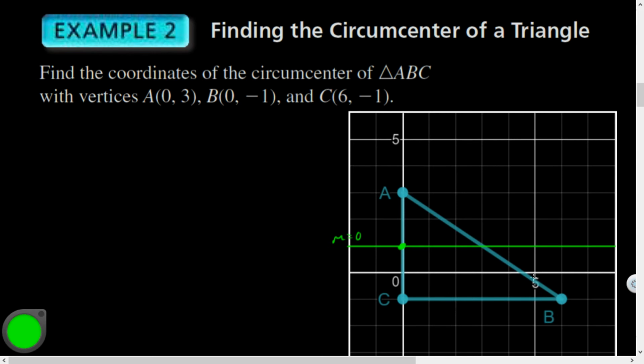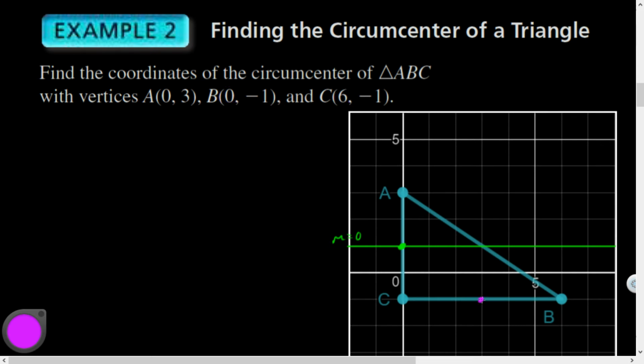Let's find the perpendicular bisector of BC. All right, here we go. So if I want to find the midpoint of BC, it's horizontal. I could just find the average of the x-coordinates between B and C. Add 0 and 6 together is 6, and divide by 2, I get 3. And its y-coordinate is going to be at negative 1. So over 3, down 1.